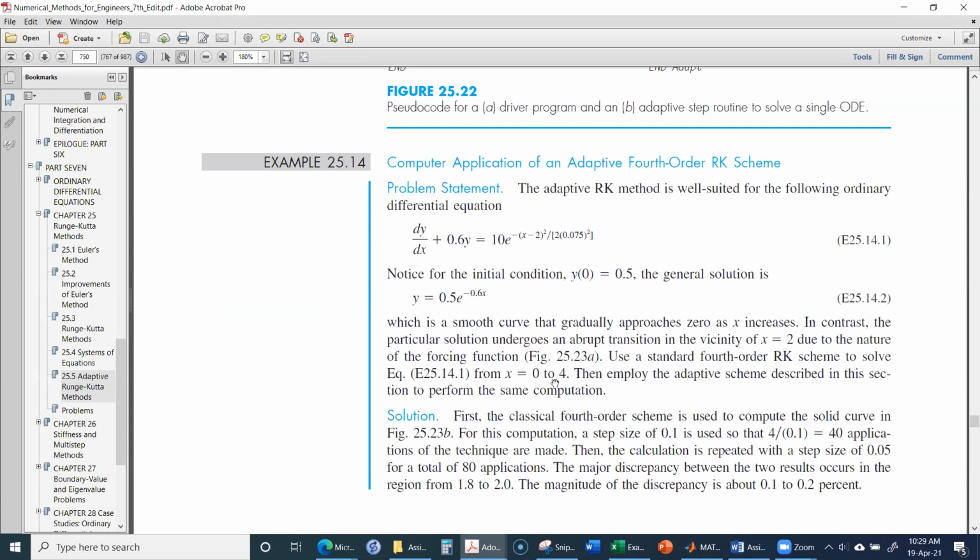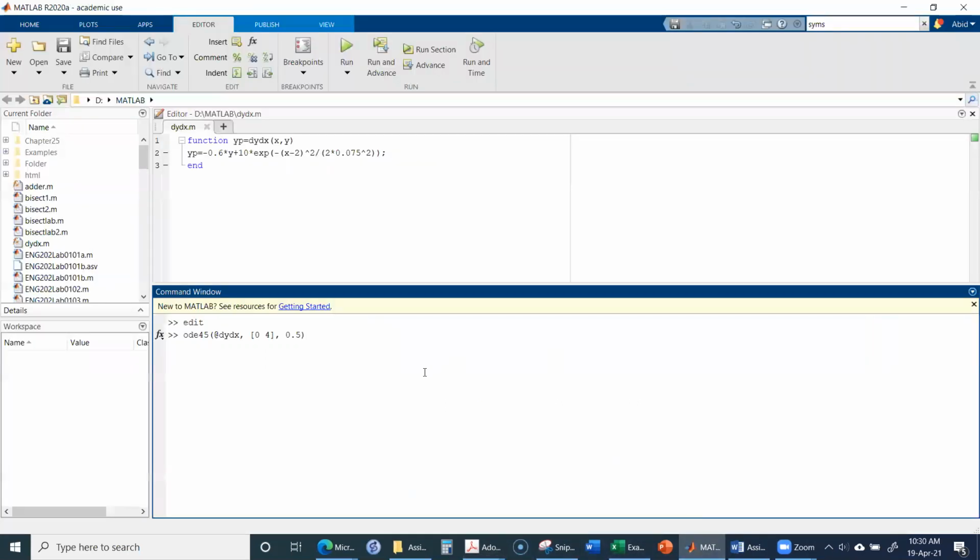So from x equal to 0 to x equal to 4, and the initial value y0 is 0.5. So this we have applied over here, and then I will hit enter.